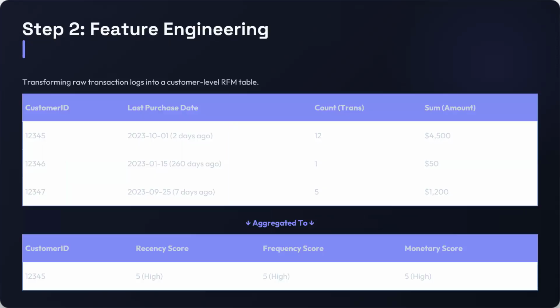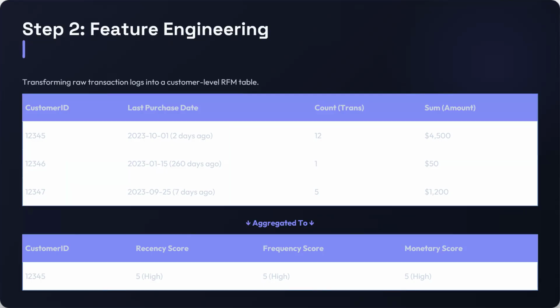Also, if you see here, this is what I was talking about. The customer ID, last purchase date, the recency score, and then the count of number of transactions you can see here, that is the frequency score. Third one, total transaction amount, the monetary score. So they will try to give some score here.